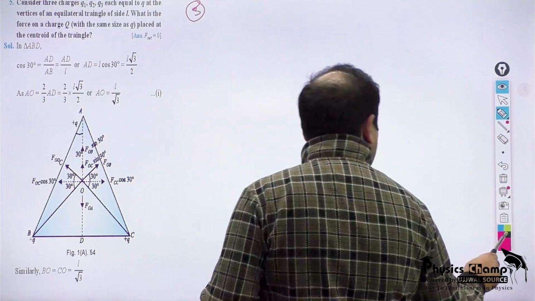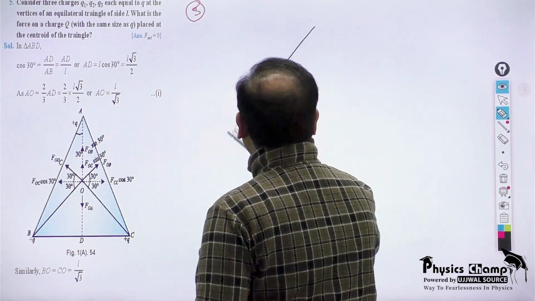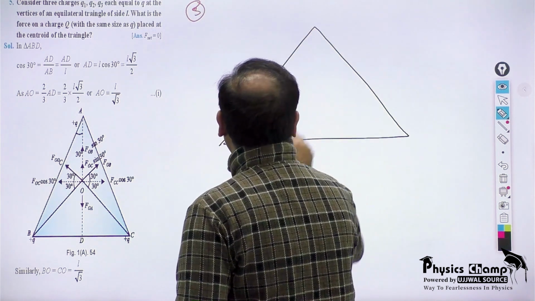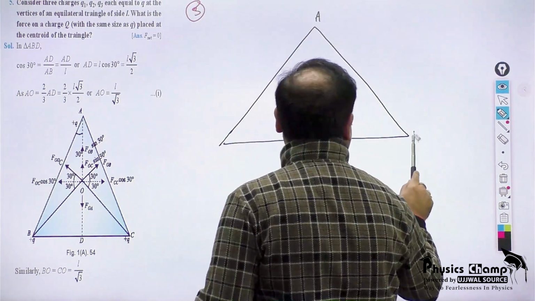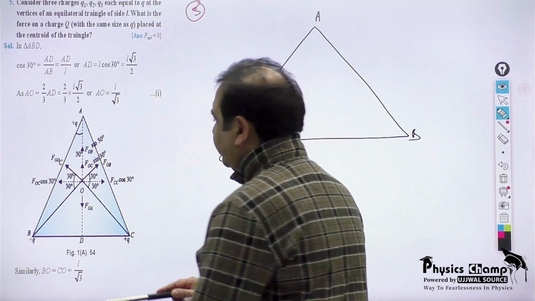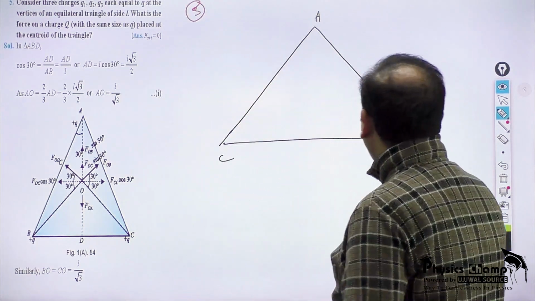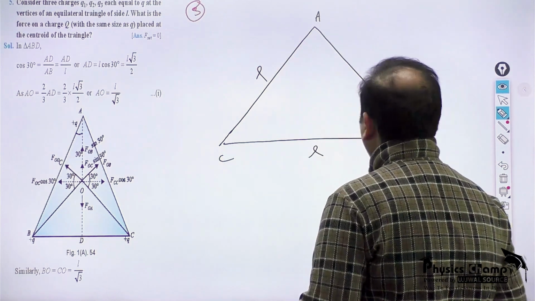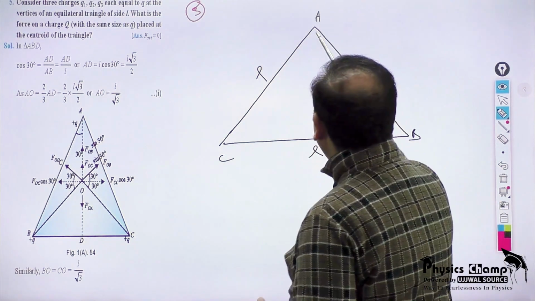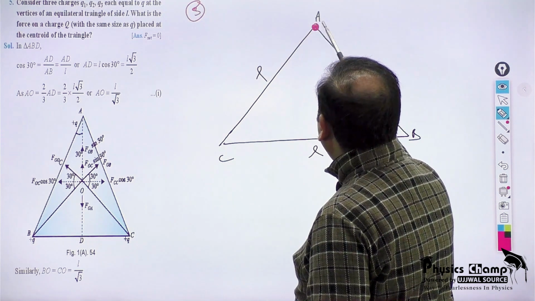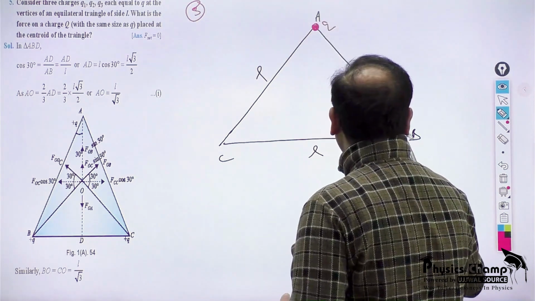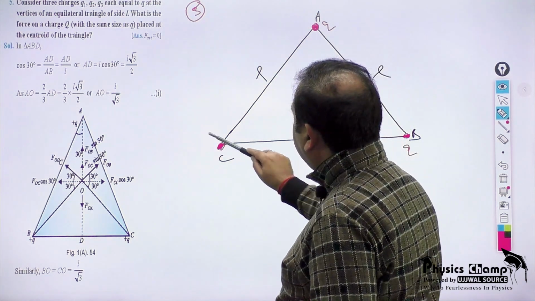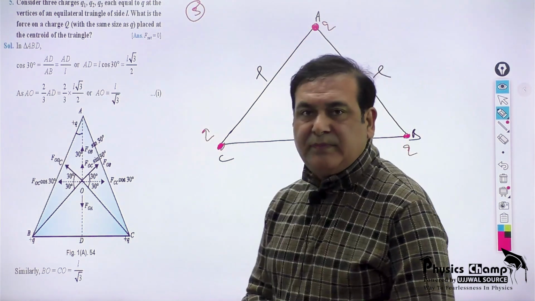So here you are talking of a triangle A, B and C, whose each side is L, and then on every vertex there is a charge Q, Q and Q. A similar charge is present on every vertex.